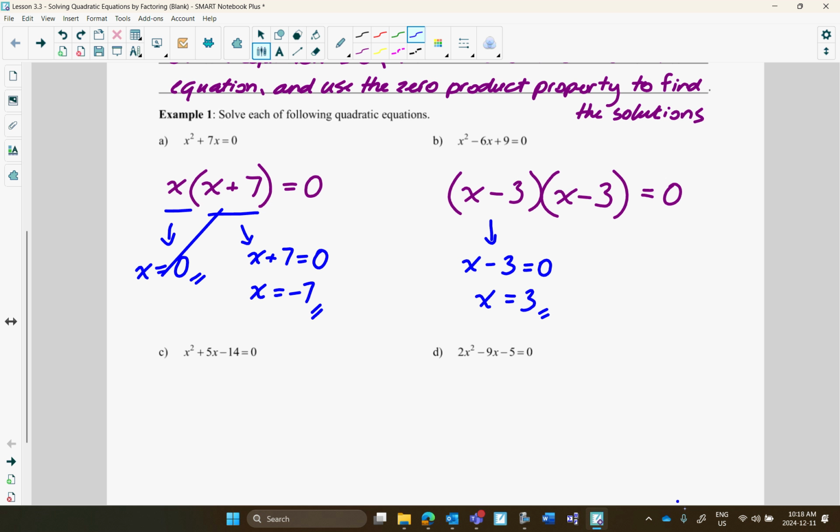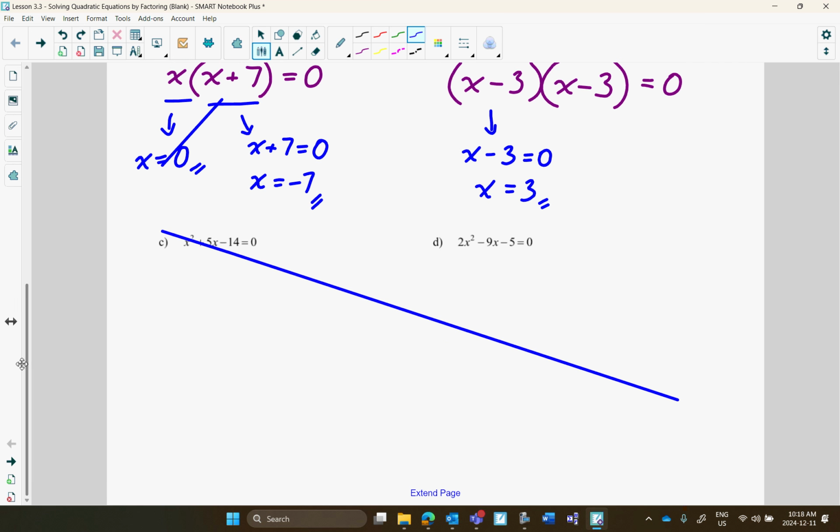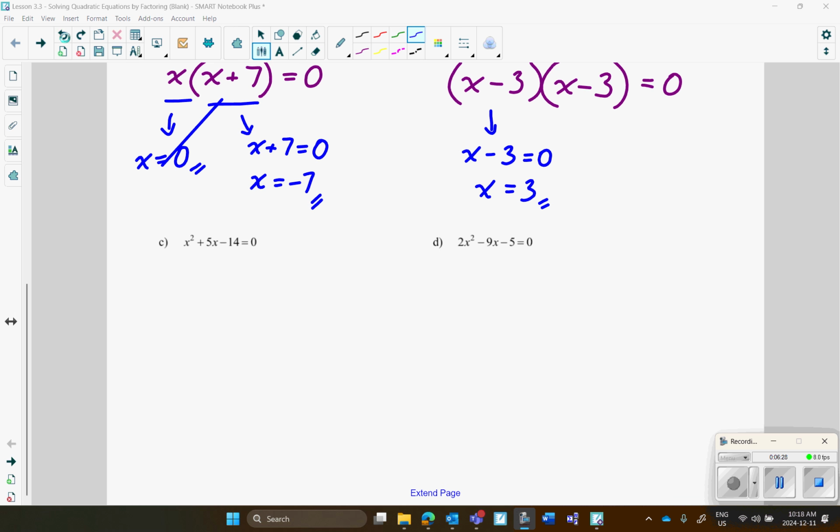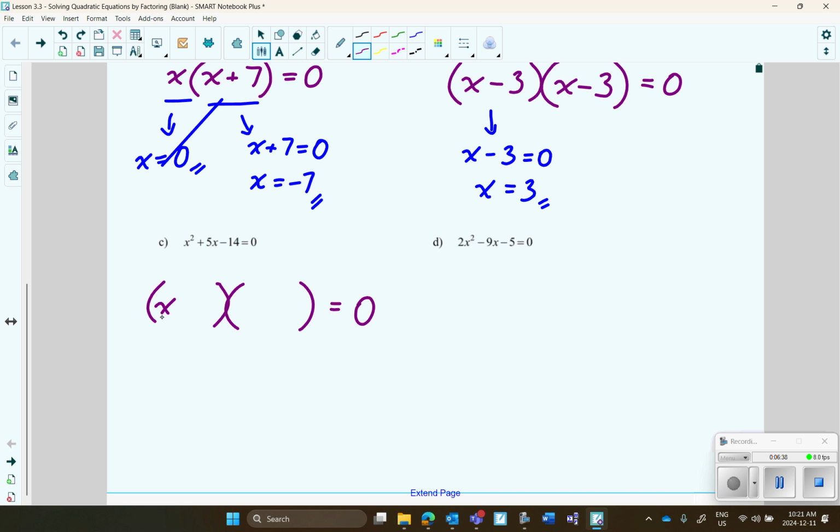You should be able to do the next one. And then maybe we'll do these together. Get this one? What's the factor form? x plus 7 and x minus 2.